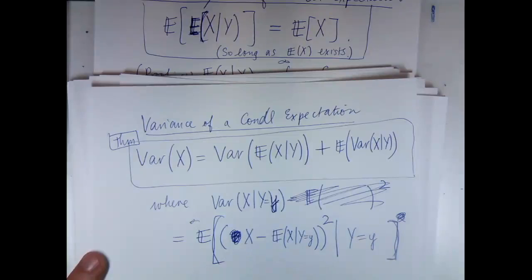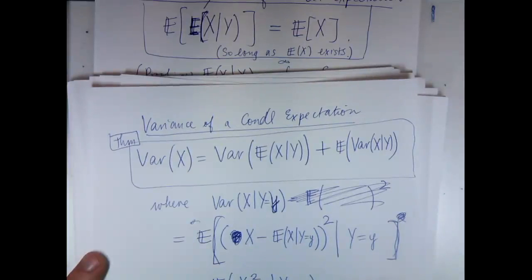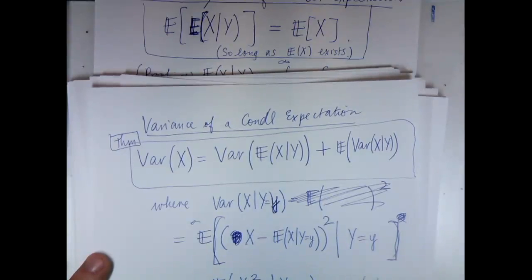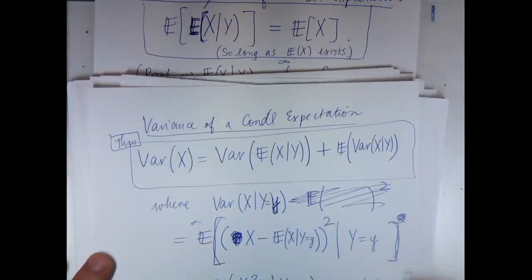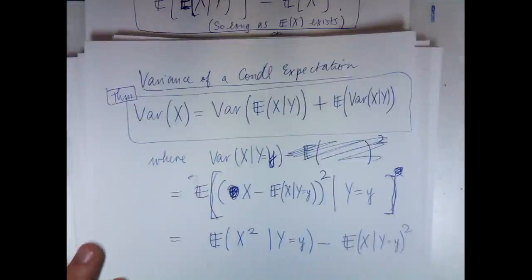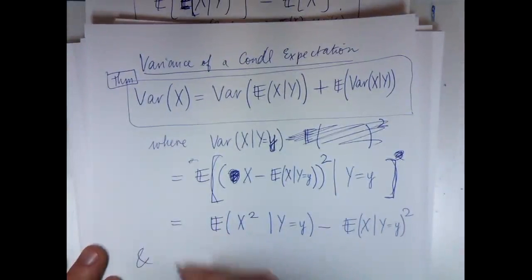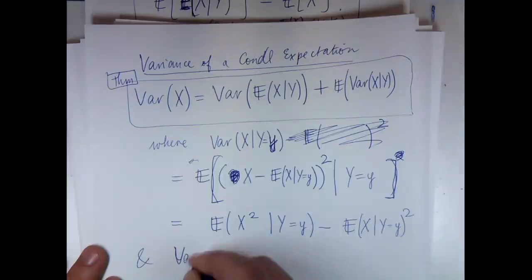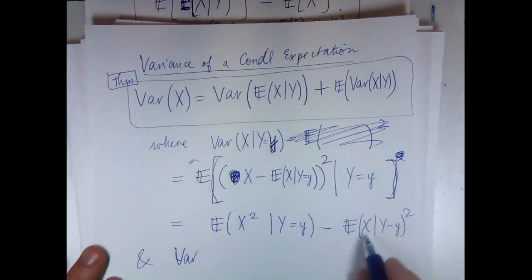I take the expected value. Another way to say that, using the calculation formula, is the expected value of x squared given y equals y, minus the expected value of x given y equals y, squared. That's the conditional variance, which is just a constant because I did y equals y.